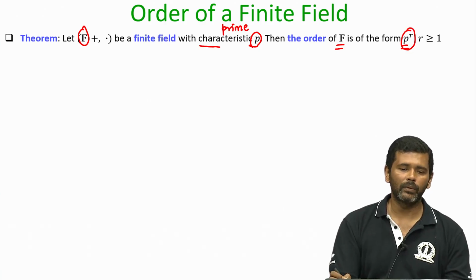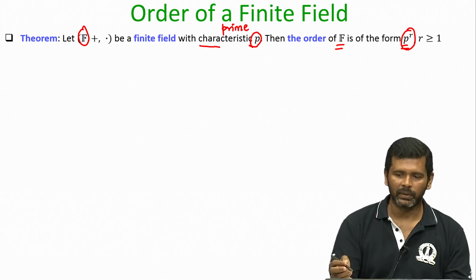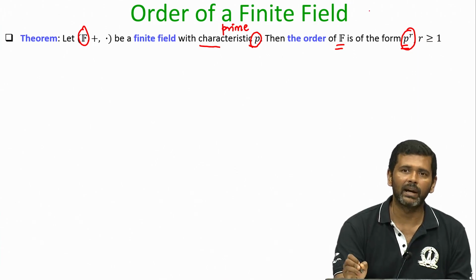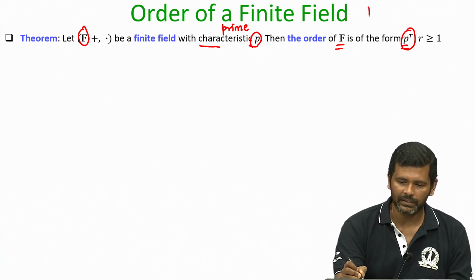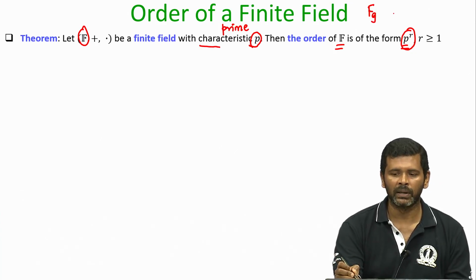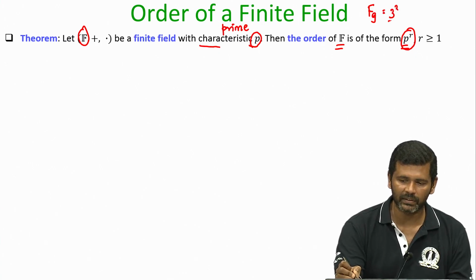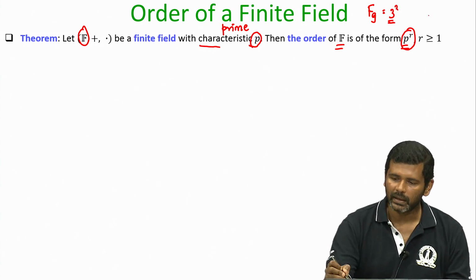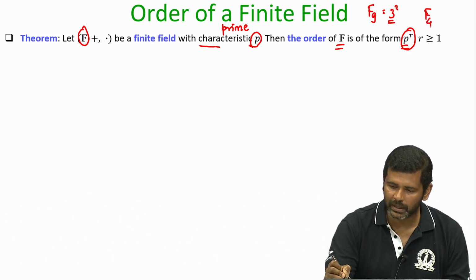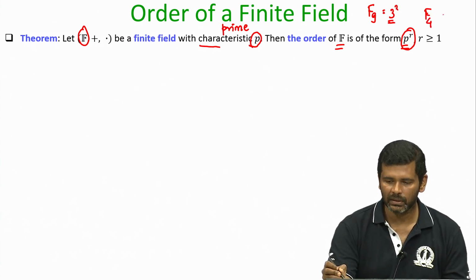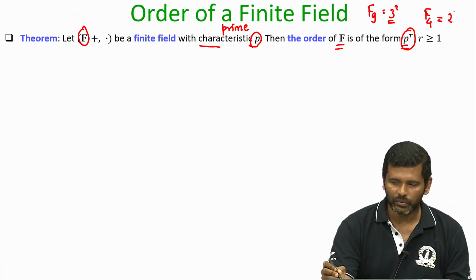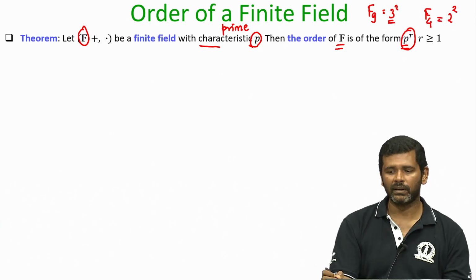Before going into the proof of this theorem, you can easily recall the fields that we had discussed in the last lecture. We saw a field consisting of 9 polynomials, its cardinality is 3 squared because its characteristic was 3. In the same way, we saw the abstract field consisting of 4 symbols, its cardinality is 2 squared because the characteristic of that field was 2.